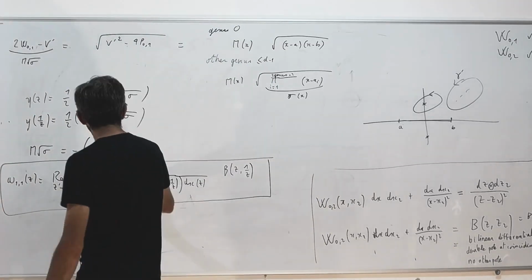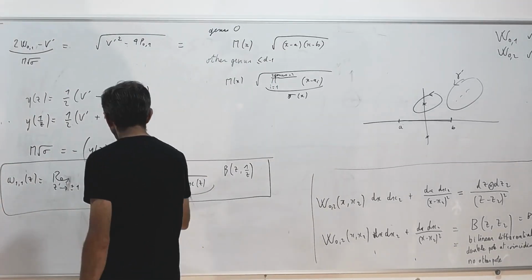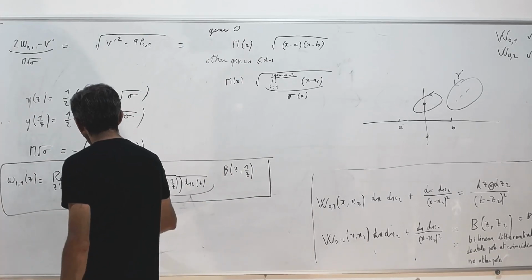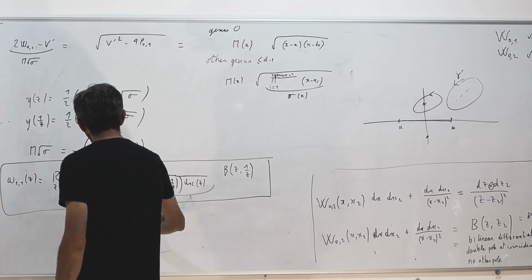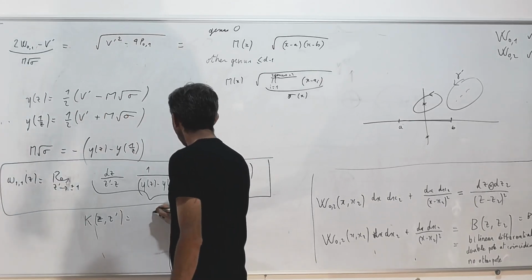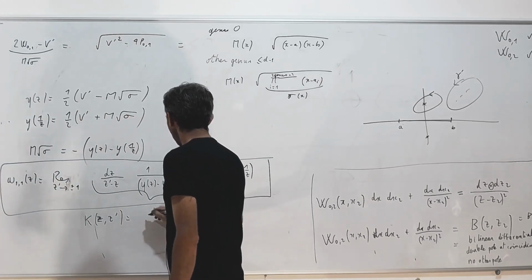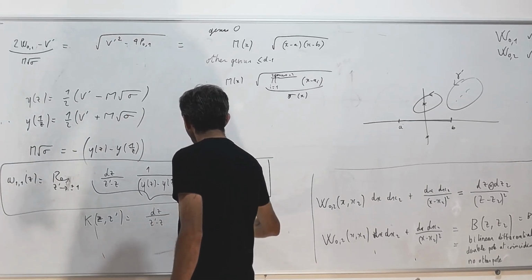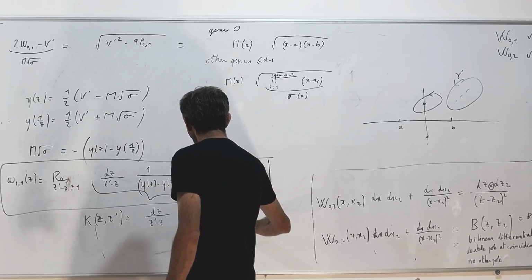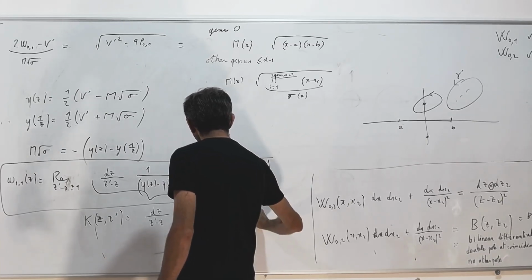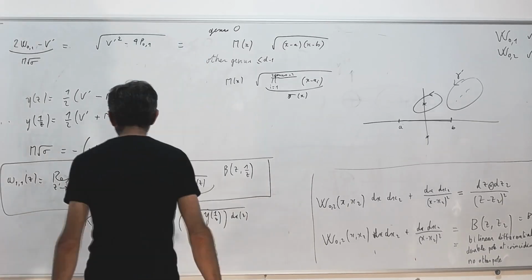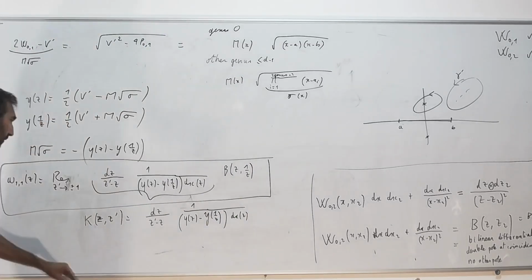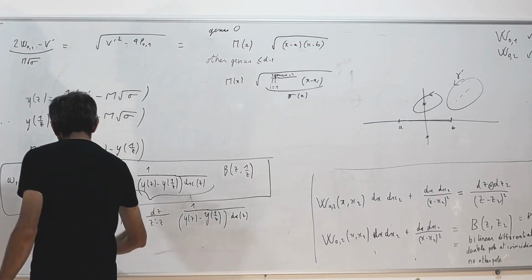Let me give a name to this kernel. Let's call it k of z prime. And so by definition, it is dz over z prime minus z times 1 over y of z minus y of 1 over z, dx of z, and let's call it the recursion kernel.